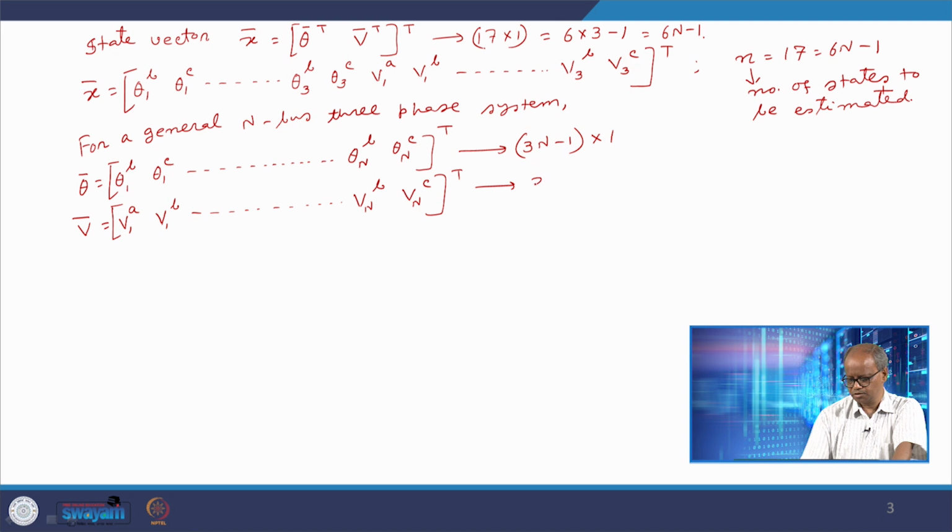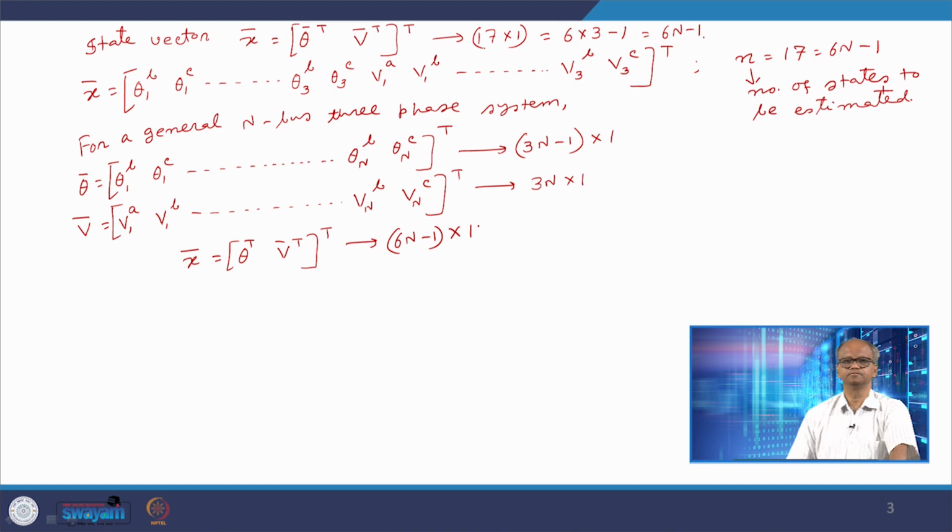So it would be 3n cross 1 vector. So the x vector would be theta transpose, V transpose, all transposed. So it would be 6n minus 1 cross 1 vector.